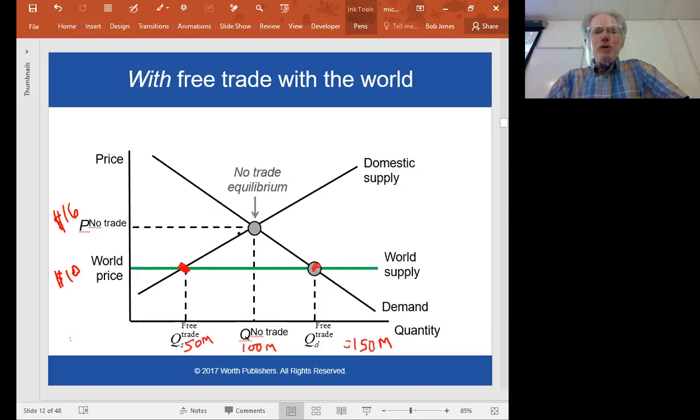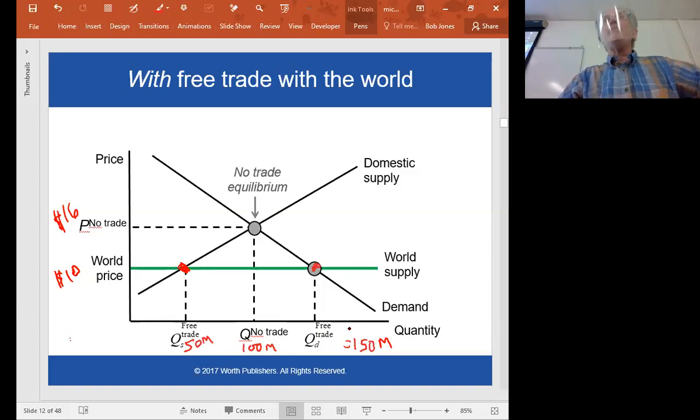And American producers at that $10 price are only willing to supply a quantity of 50 million. So if American consumers are going to buy 150 million, but American producers are only producing 50 million, where's the additional 100 million coming from?